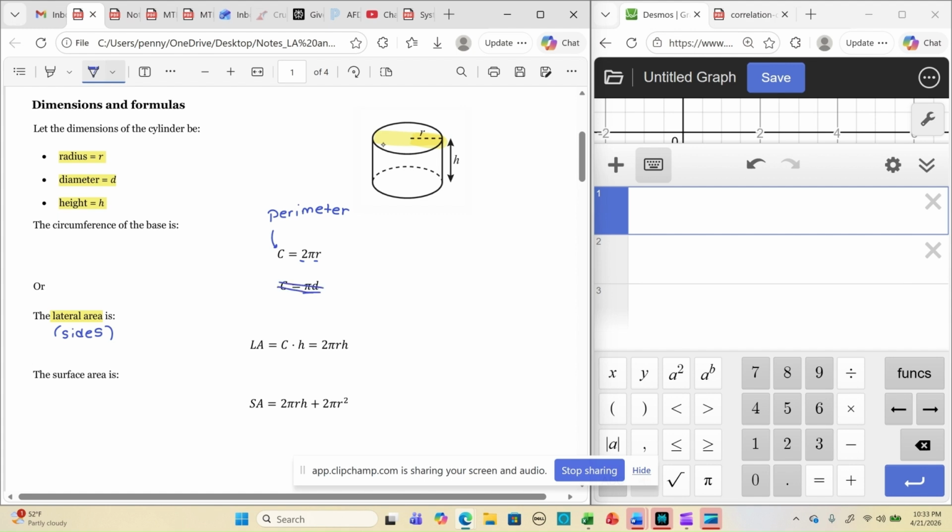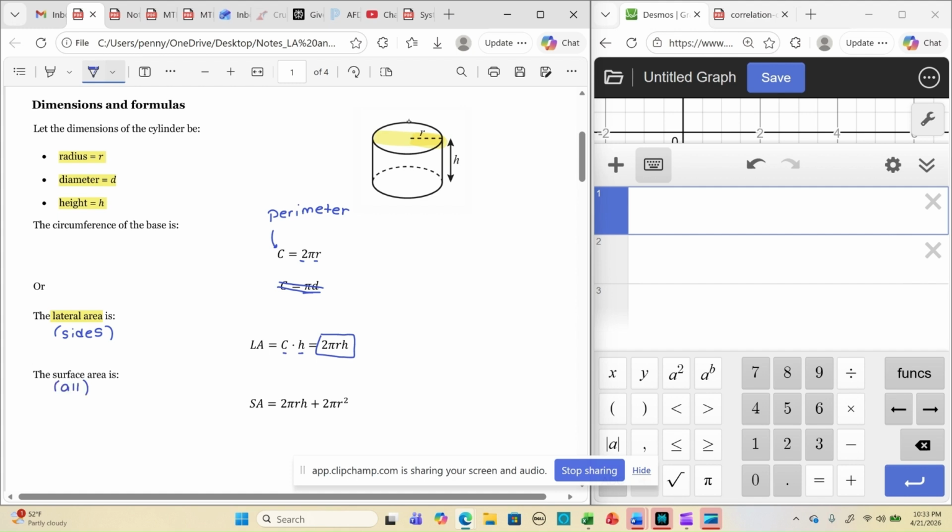Now, that's the area around the circle, but since it's 3D, its third dimension is that height. So we're going to take the circumference or the perimeter times the height, and so the formula that we're going to use is 2 pi rh. Now, in the cylinder, we have a surface area, which includes all of the sides.